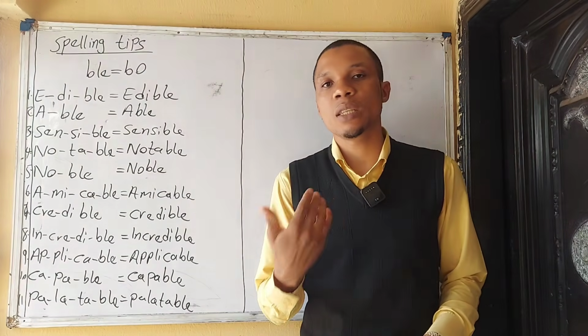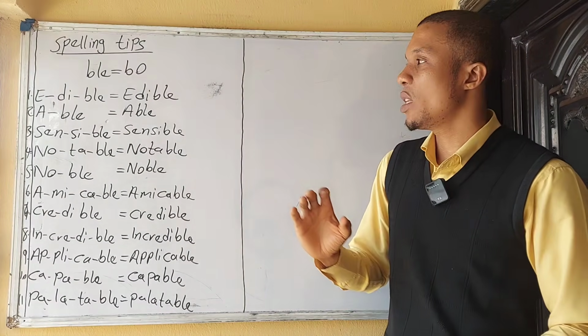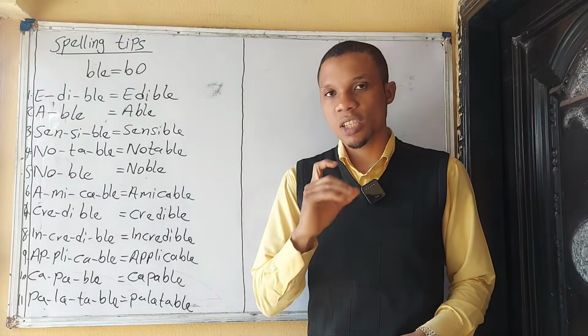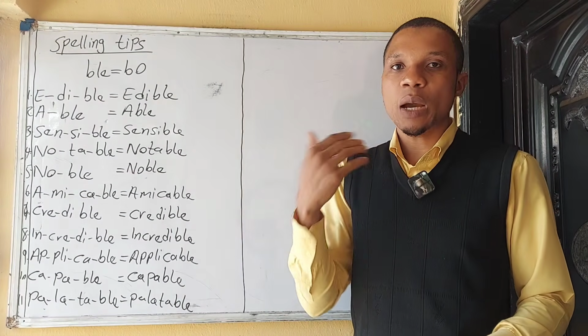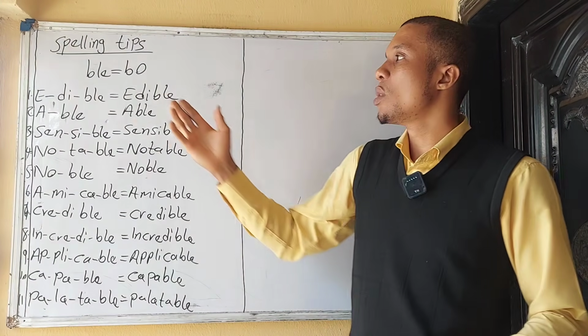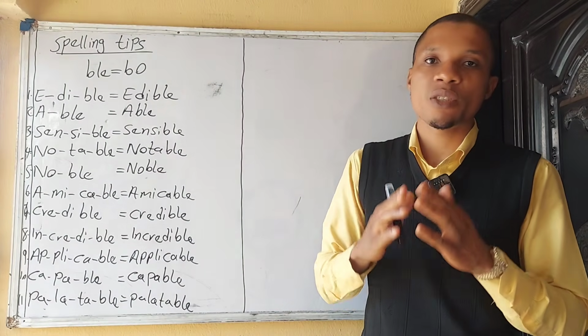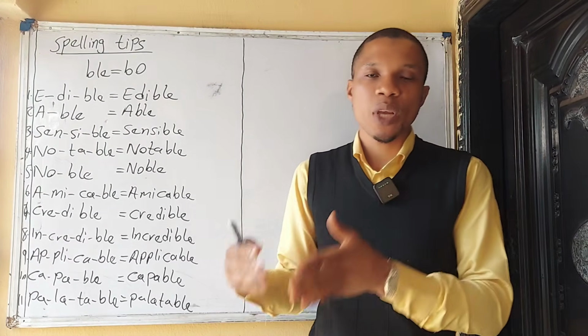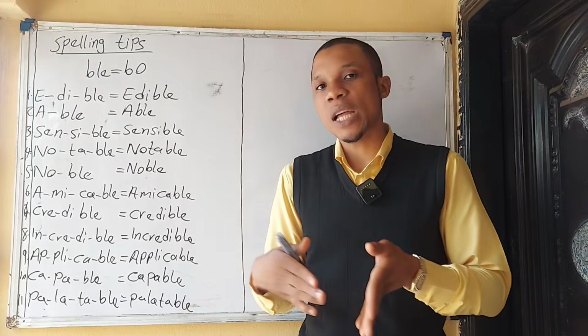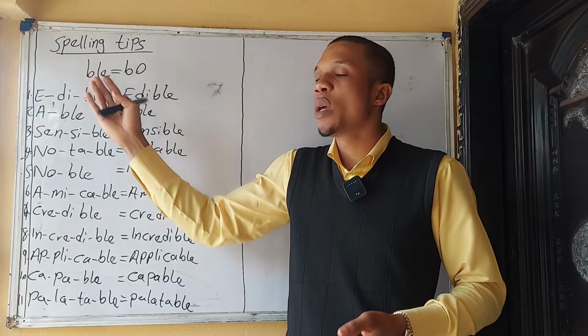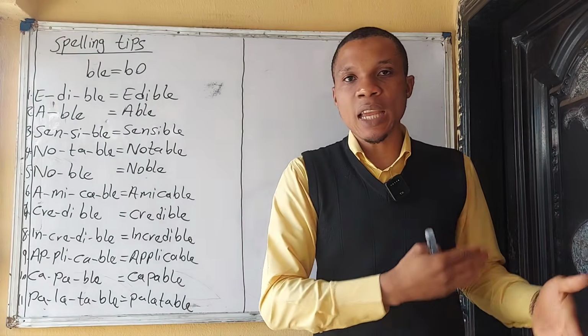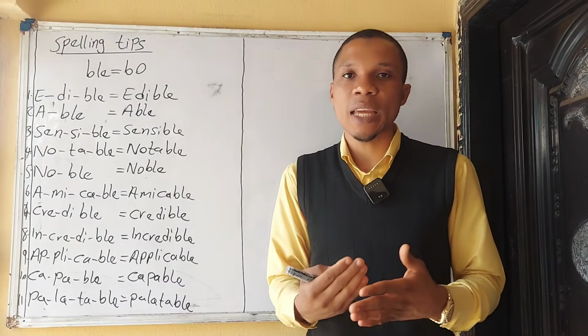When you understand the secret behind spelling, that letters do change whenever they appear in different locations. So BLE, the usual sound under consonant and vowels blending, or when it appears at the beginning of a word or at the middle of a word, is ble. But when it comes at the end of a word, it does not sound ble anymore.